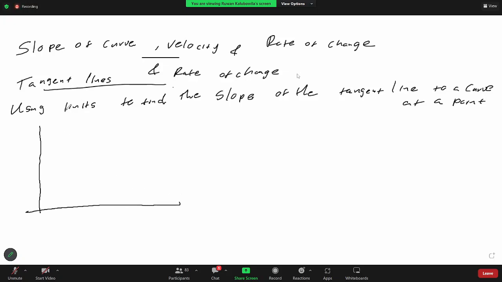Now we are talking about different terms, tangent line and rate of change, but the theory is the same, right? So let's take a graph curve.